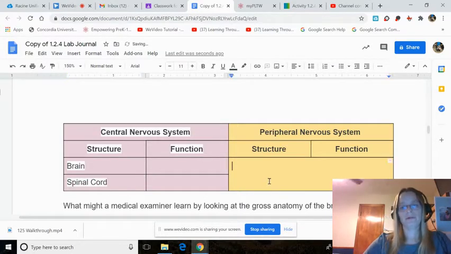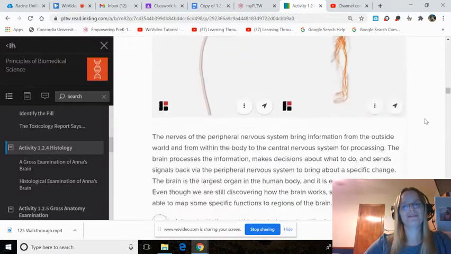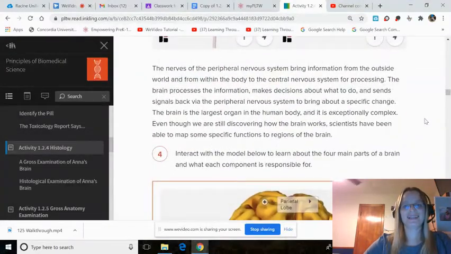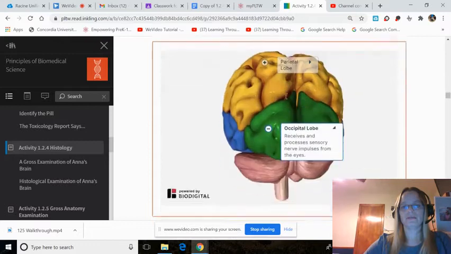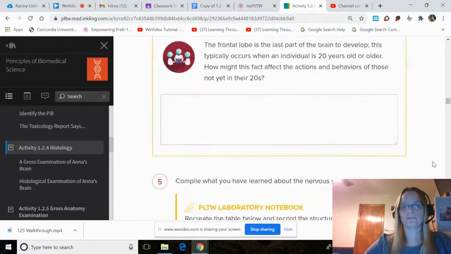And the peripheral nervous system, structure, nerves. Let's scroll and see if we can find out the functions. Let's see. Here we go. The brain processes information, makes decisions about what to do, and sends signals back via, let's see if we can find it shorter.